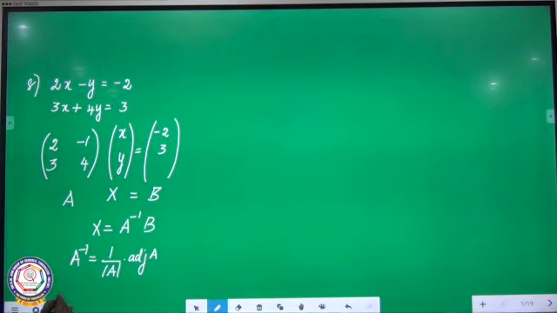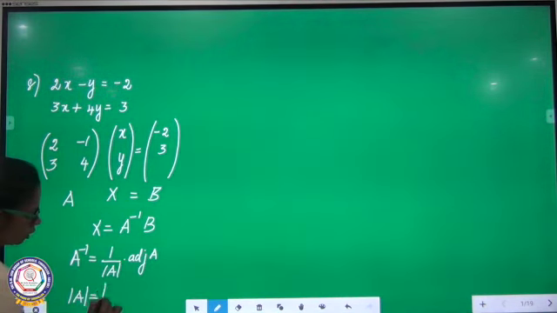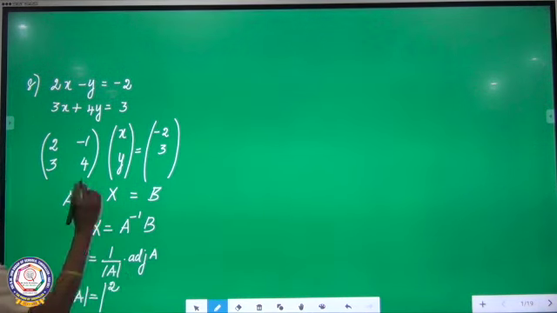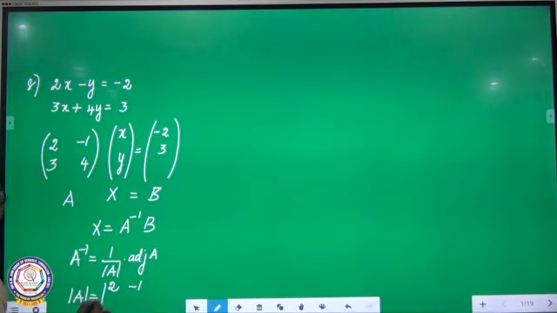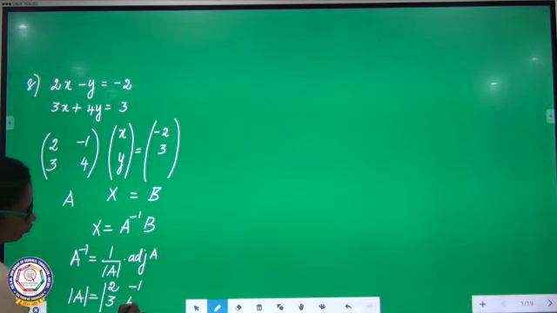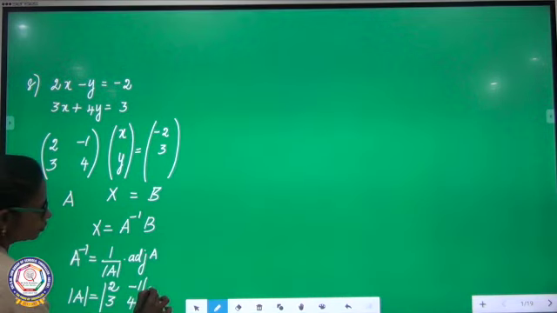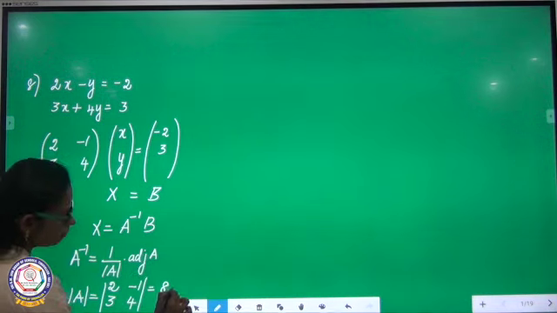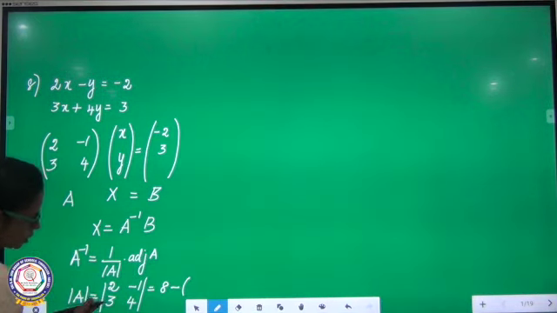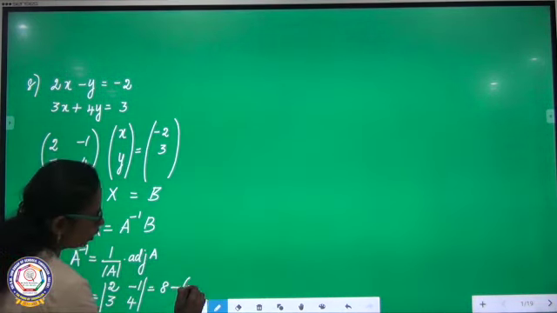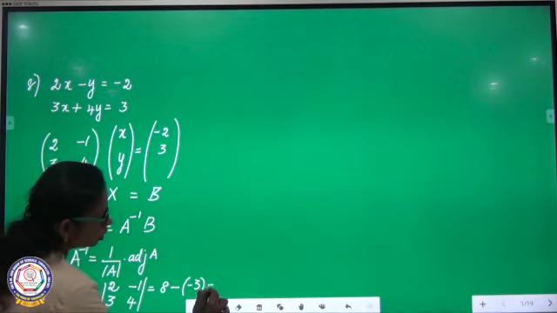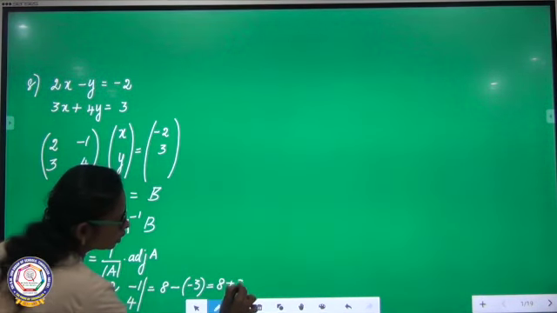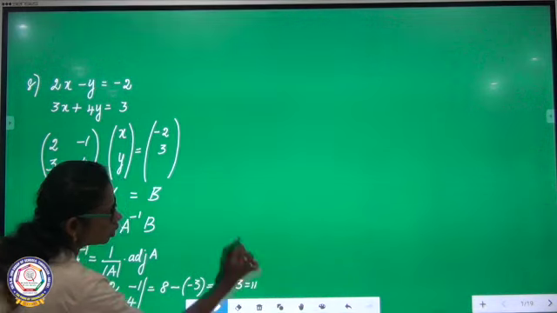Now we want to find determinant A. Determinant A equal to determinant 2, minus 1, 3, 4, which is equal to 2 4s are 8 minus 3 into minus 1, minus 3. 8 plus 3 equal to 11.